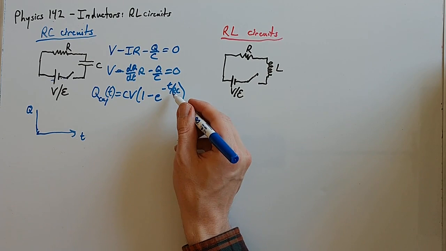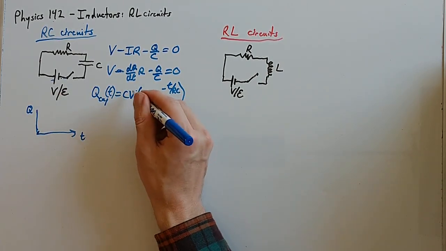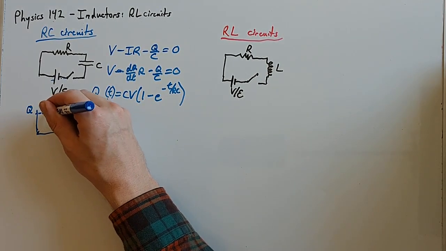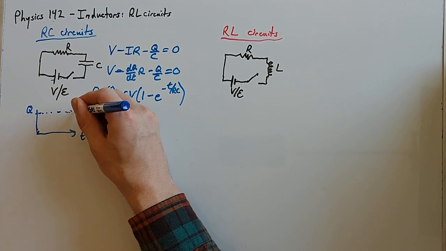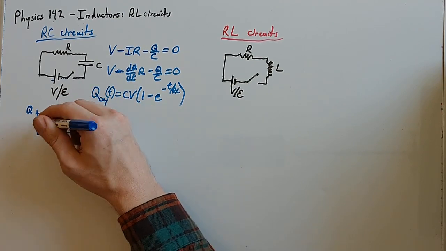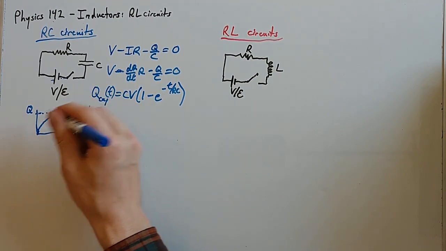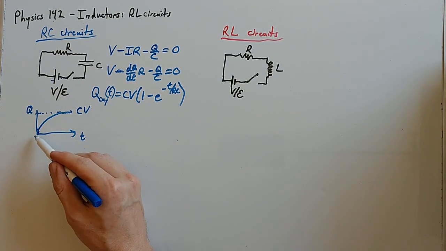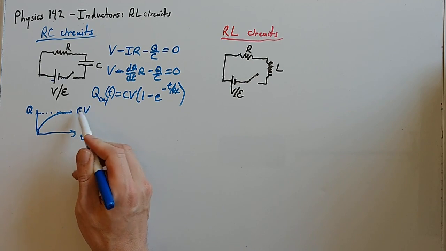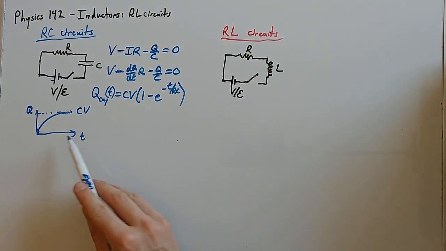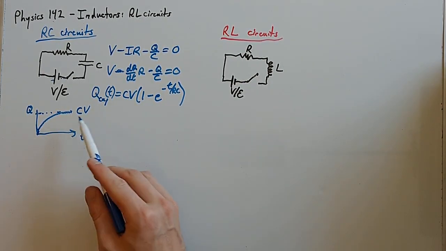Then you have 1 minus 0, and this just becomes CV. So you end up getting up to the total charge of CV, but it takes some time. You have this growth. The charge in the capacitor starts at none, and over time it grows to its full amount. It's this exponential kind of growth.